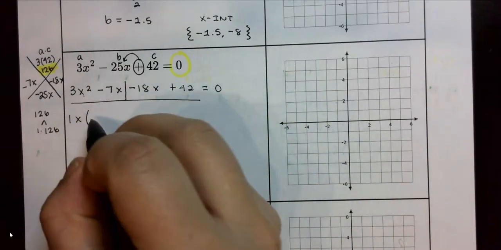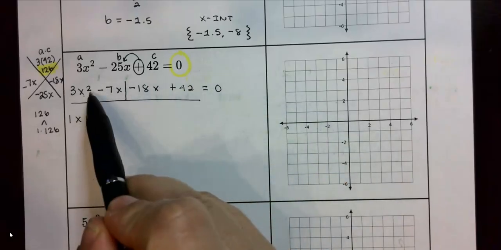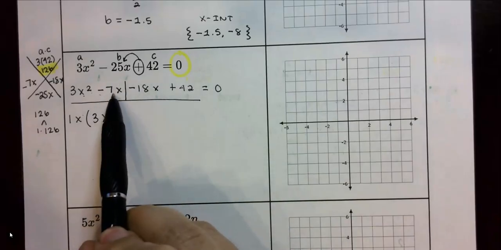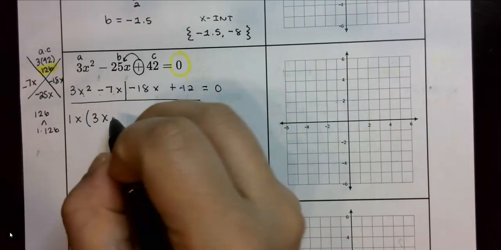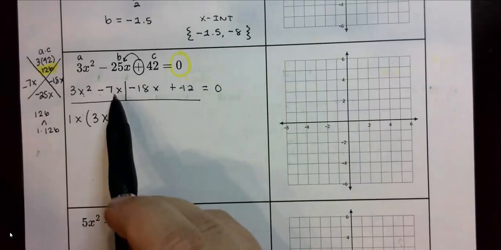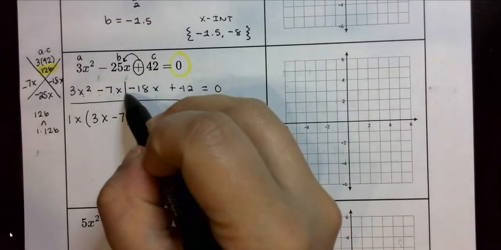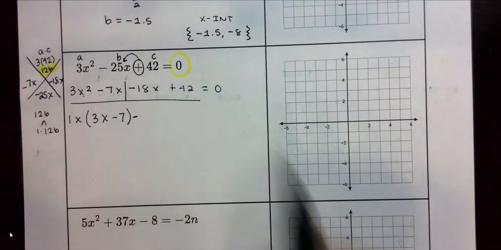3 divided by 1 is 3. 2 minus 1 is 1. Negative 7 divided by 1 is negative 7. x minus x is 0. Take your negative, bring it down.